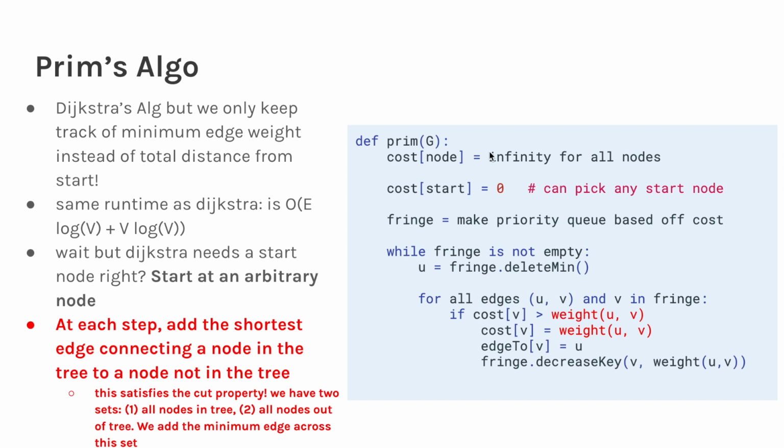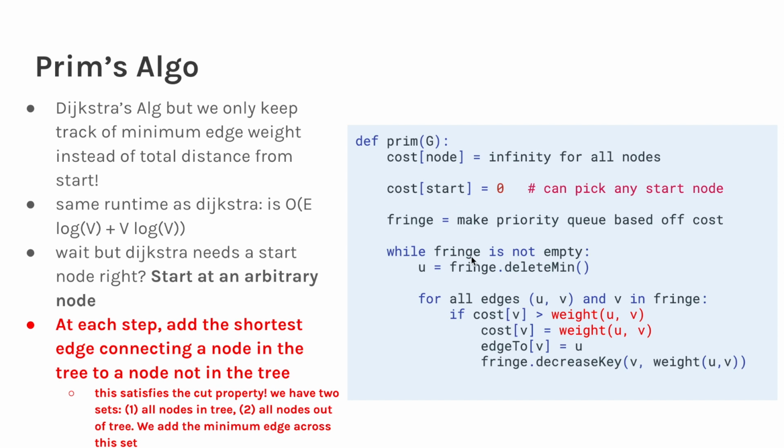That's a quote-unquote tree with one element. And then you look at all the neighbors of that start node, and you're going to add the neighbor that has the smallest edge from the start node to the neighbor. So now your tree has 2 nodes. And now you're going to look at all of those 2 nodes, all of their neighbors. You're going to choose the next minimum edge, etc., etc.